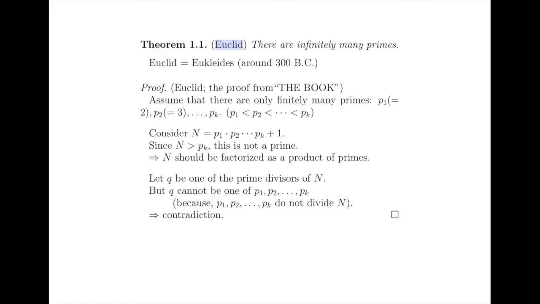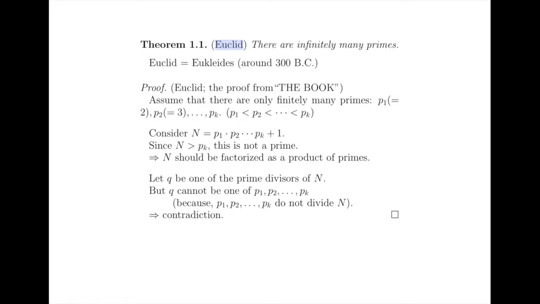Then obviously N is greater than Pk, so this is not a prime. Therefore, by the prime factorization properties, capital N should be factorized as a product of primes. So there is at least one prime number which divides N, which we denote by Q.